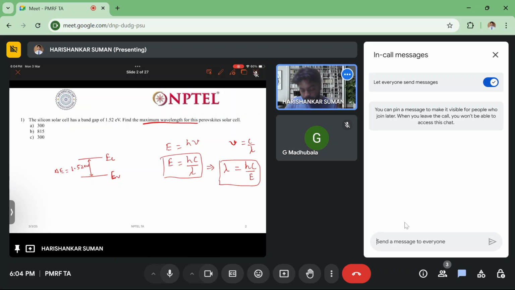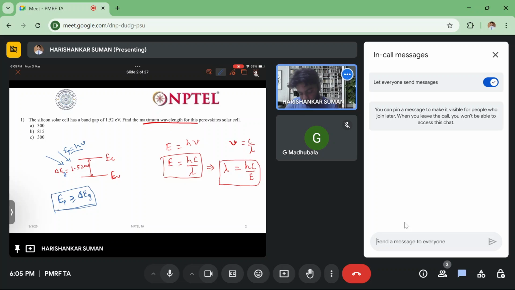We know that if incident light, let's say a photon, has an energy hν greater than or equal to the band gap, then the material can absorb this light.